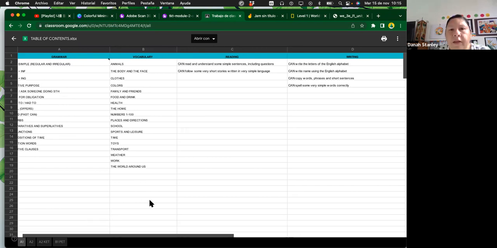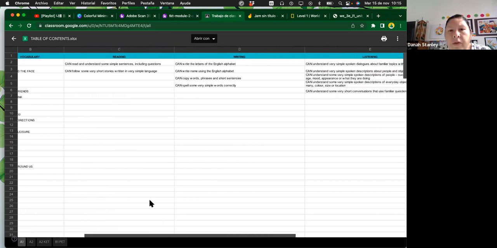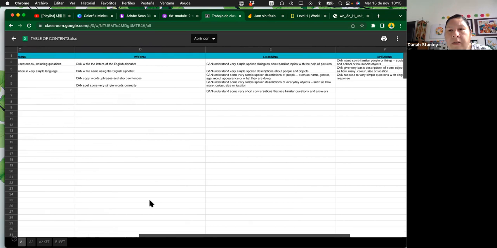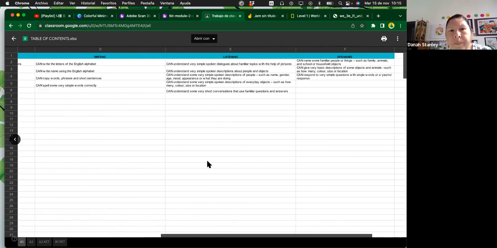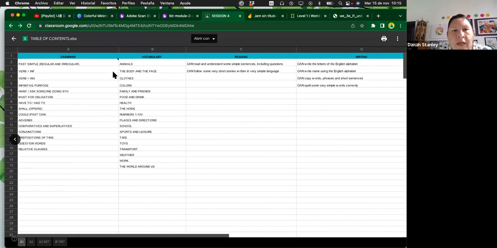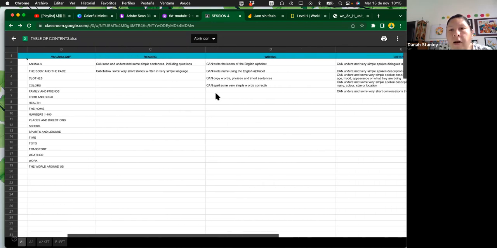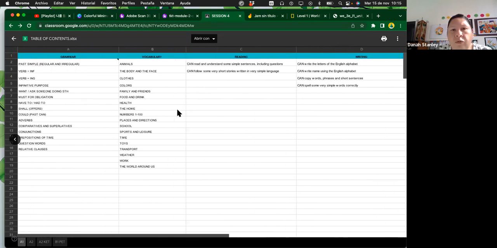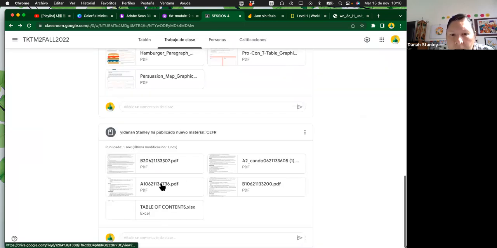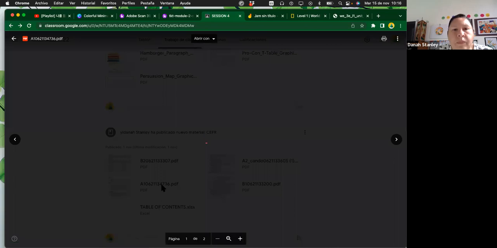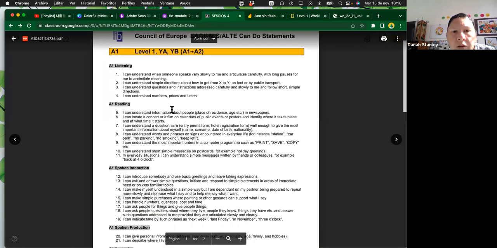Ajá. These are some of the abilities. These are for children. But you can take as a guide the grammar and the vocabulary. These outcomes are for children. And I can go and check my A1. Can understand.